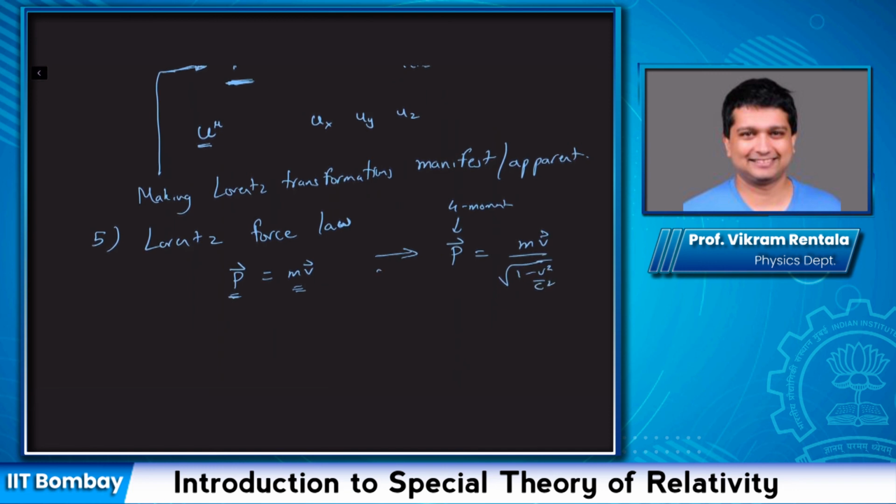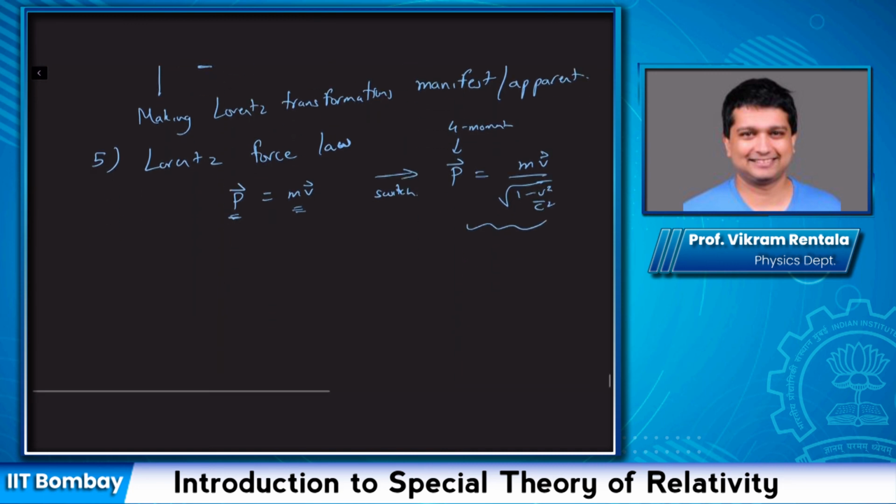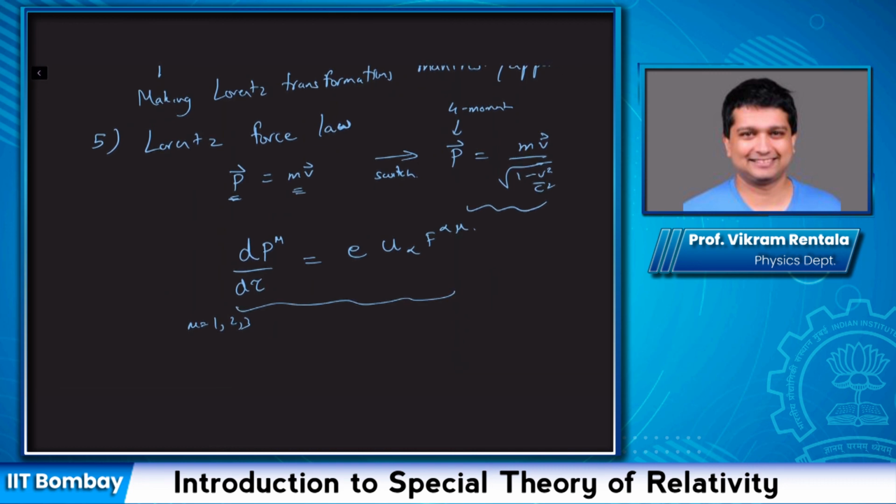So we need to make this switch, and when we do this, what we find is this. The 3 components of this equation are exactly what you would expect for the Lorentz force law, provided we re-identify the components of the momentum 3-vector.